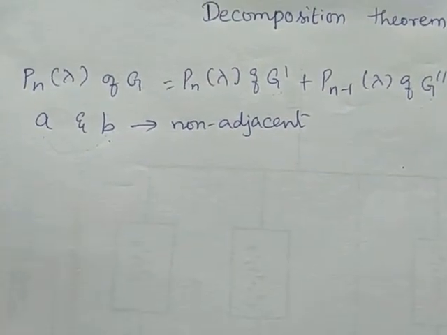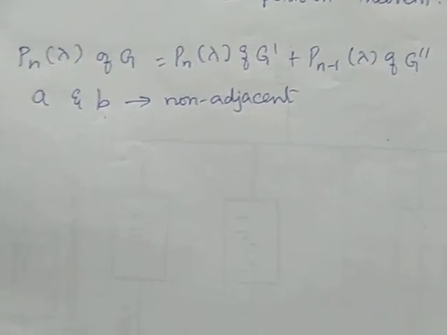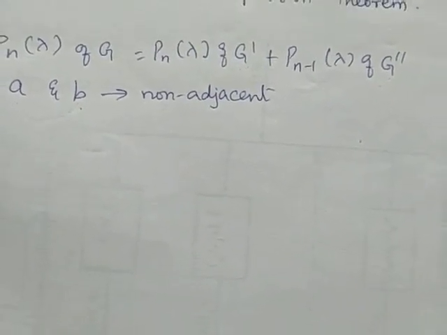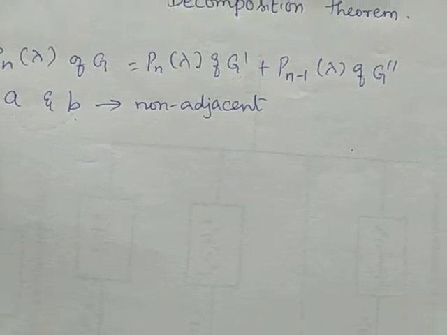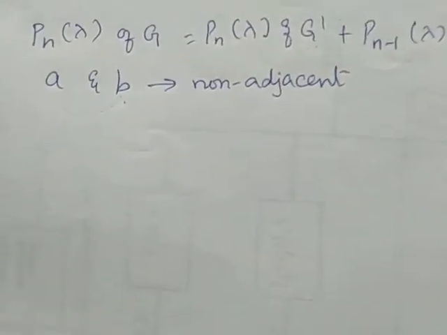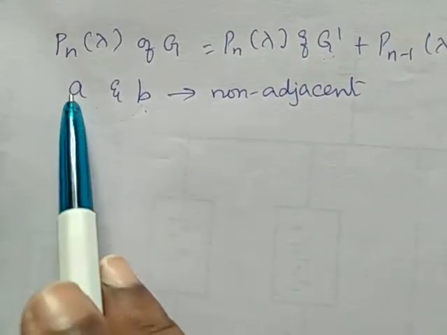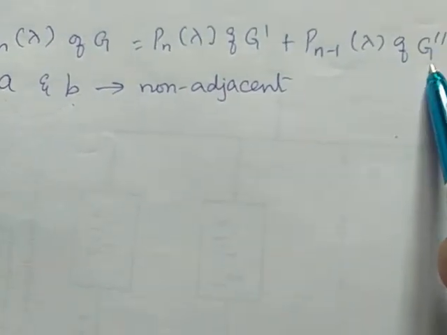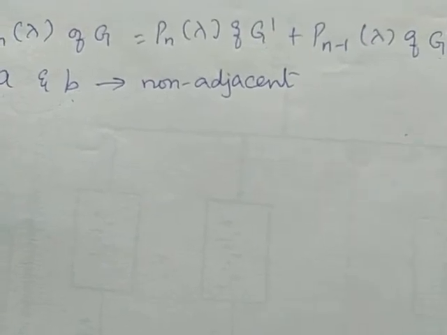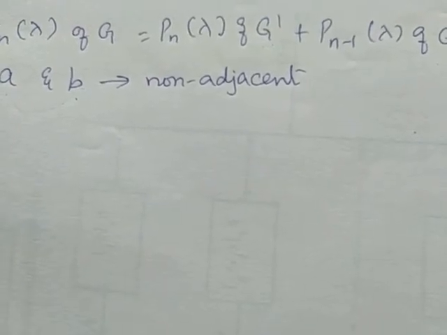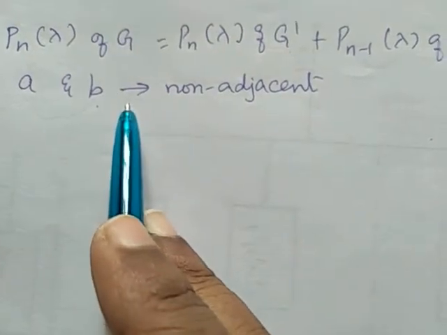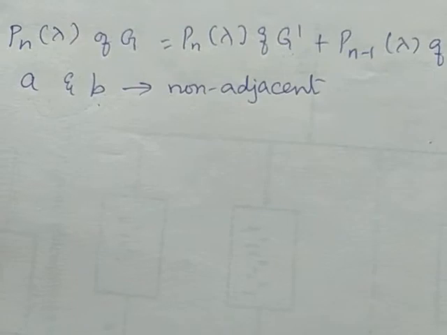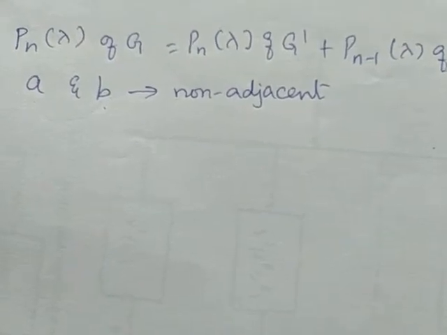So we are considering two non-adjacent vertices A and B in a graph G. Then G dash is the graph obtained by adding an edge between A and B, and G double dash is the graph obtained from G by merging A and B vertices into one vertex and replacing the set of parallel edges with a single edge.